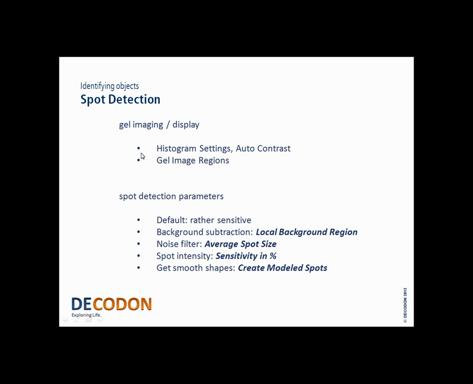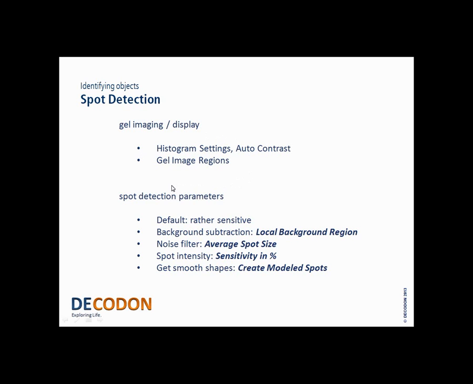With one of the last versions of Delta 2D, we have introduced that the contrast is set automatically during the import of images, and we also offer a gel image regions view where you can see the same region across all the images. Of course, the histogram settings do not affect the quantities. Quantitation is done on the original images, after background has been subtracted. But the contrast settings do not affect quantitation of spots. It just affects the display of the images.